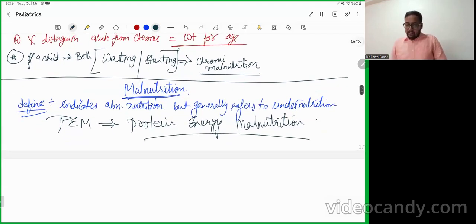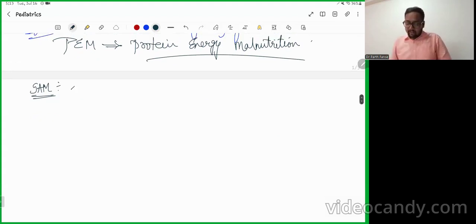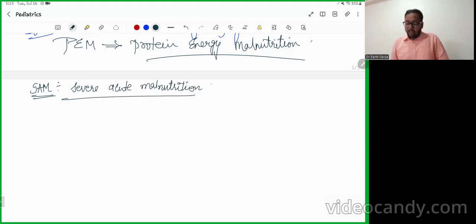And in this point, we are going to talk about SAM. SAM is nothing but severe acute malnutrition. We are going to talk about what? SAM, most important. Now, how can you say that a person is suffering from severe acute malnutrition?